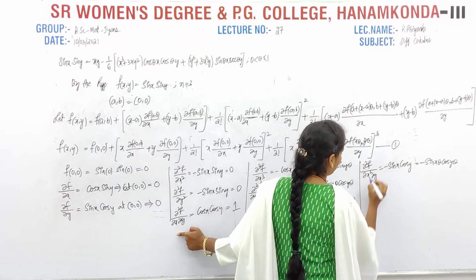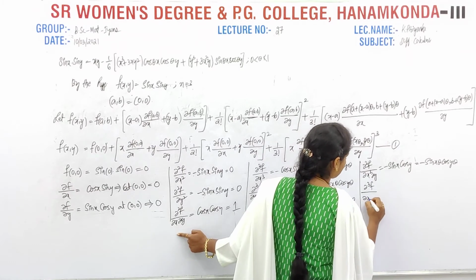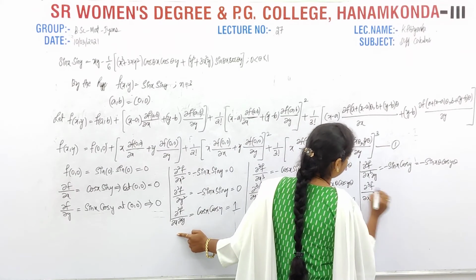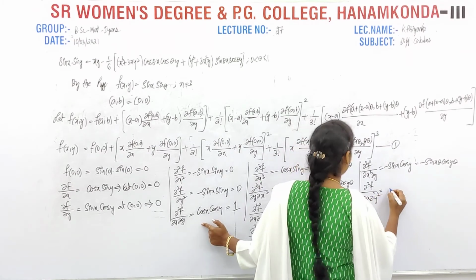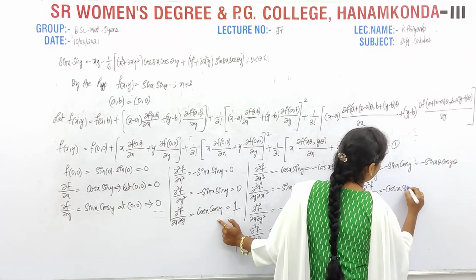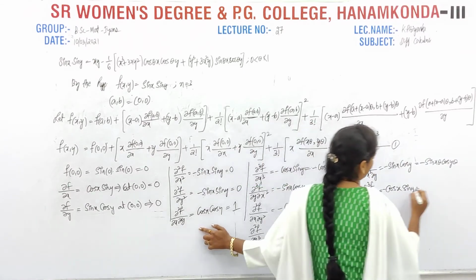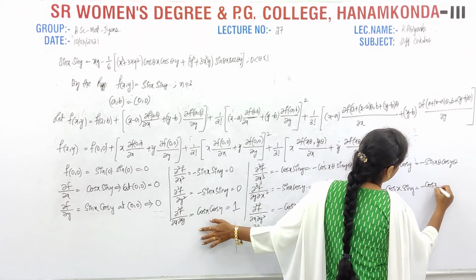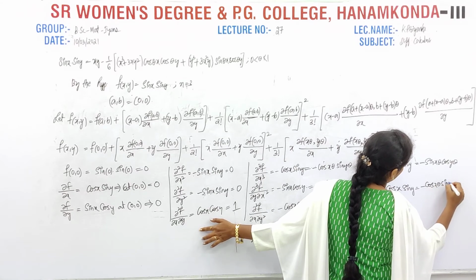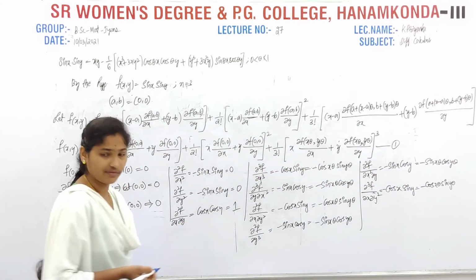Then ∂³f/∂x∂y². Now which is equal to cos x, and cos y derivative is minus sin y. Okay, now I have to substitute x equal to xθ, that is minus cos xθ into sin yθ. Okay, we have the final all values.